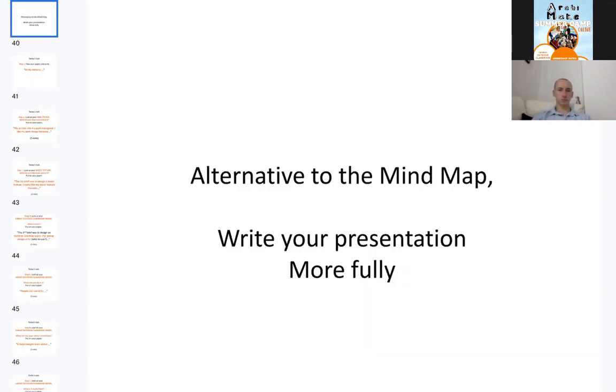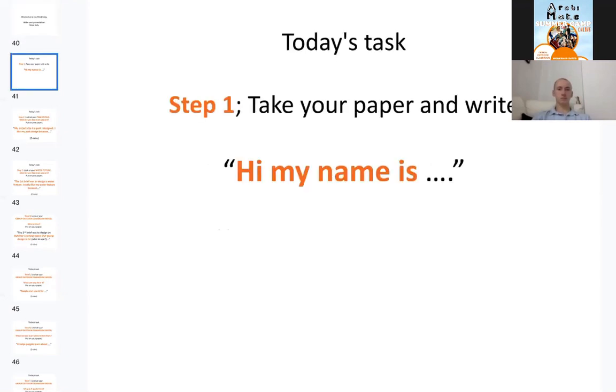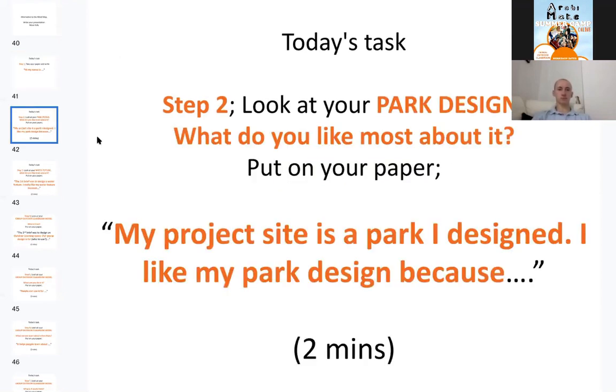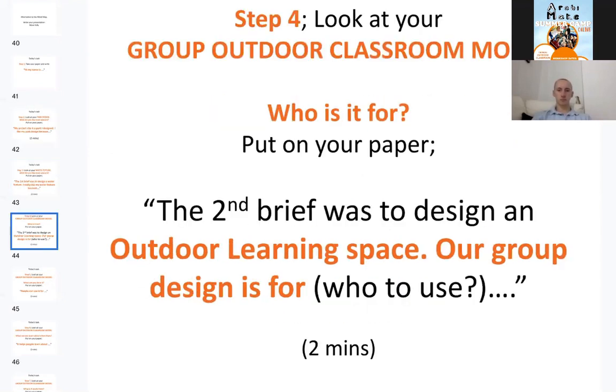So alternatively to a mind map, we can also write it kind of more fully in more of a presentation speech. And this is done by doing different steps. There's 9 steps, and each one is to just continue on the sentence. So that kind of makes sense.